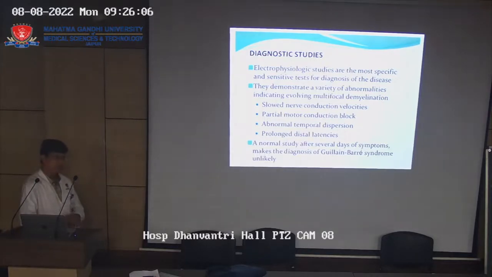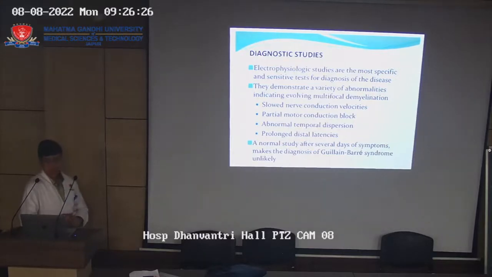In electrodiagnostic studies, you will get a variety of abnormalities indicating demyelination, that is slowing of nerve conduction velocity, partial motor conduction block, abnormal temporal dispersion, and prolonged distal latencies. So according to the variety, you may get either predominance of demyelination or predominance of axonal damage.